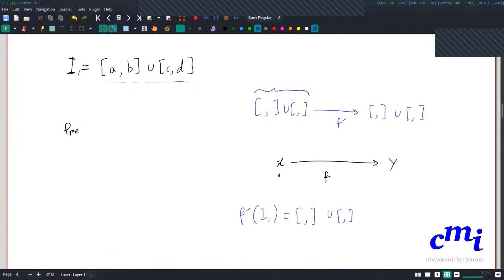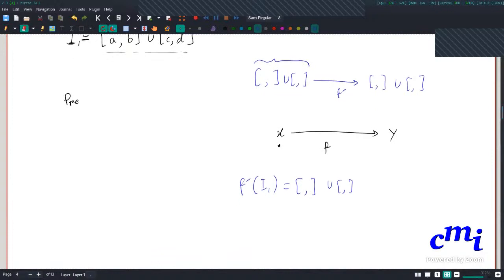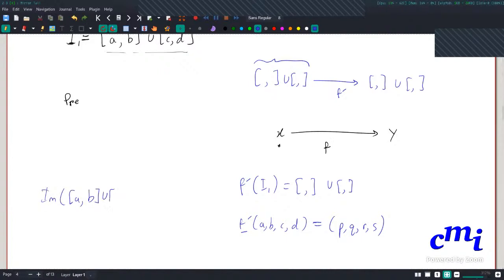So, concretely speaking, if I1 can be represented using four things, A, B, C, D, then F prime of I1 is going to give you four other things, P, Q, R, S. So F prime of A, B, C, D is going to give you some tuple P, Q, R, S. And we're going to call this F prime an abstract transformer for F if the image of this set AB union CD under F is contained inside this set PQ union RS, right?